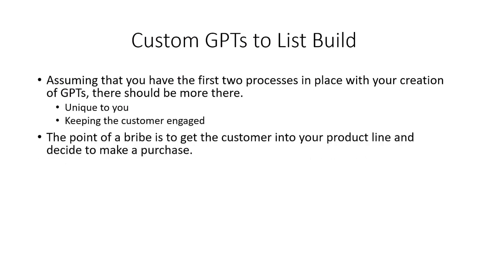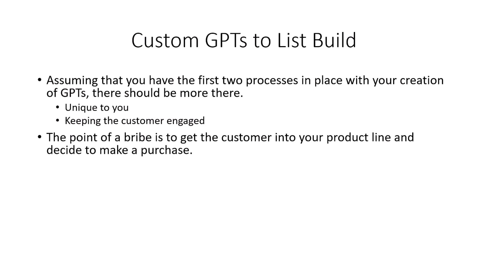Now, the point of an opt-in bribe. What's the point of an opt-in bribe? It's to get the customer into your product line and decide to make a purchase. Here's something that information marketers, quite frankly, have kind of forgotten in a rush to teach that you need to have an opt-in bribe. Just to get somebody on your list means nothing. We don't want to have people on our list.